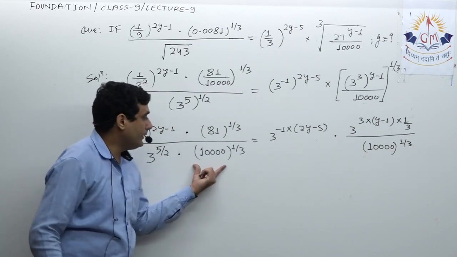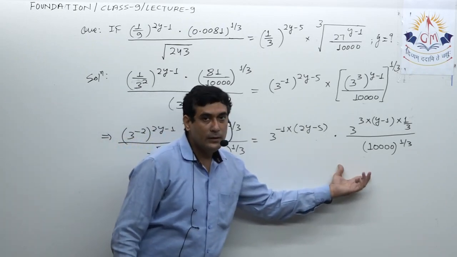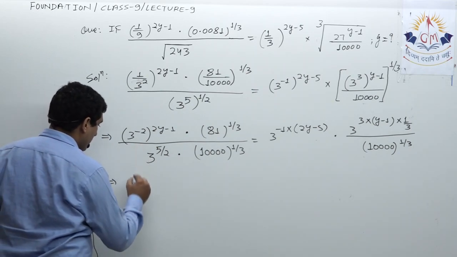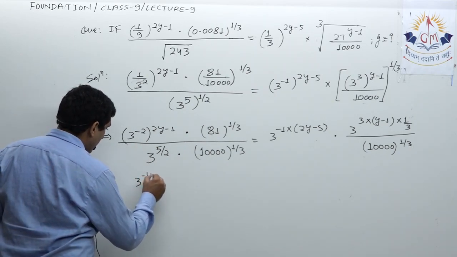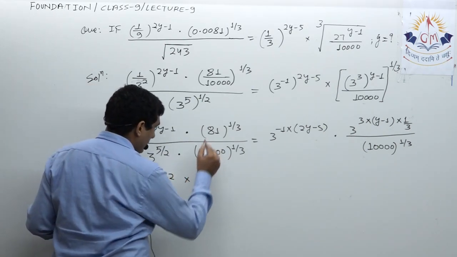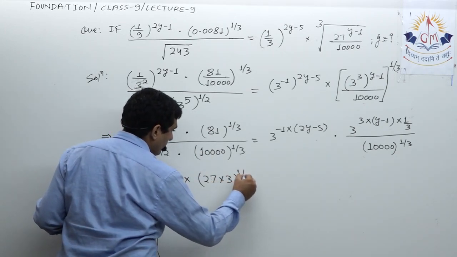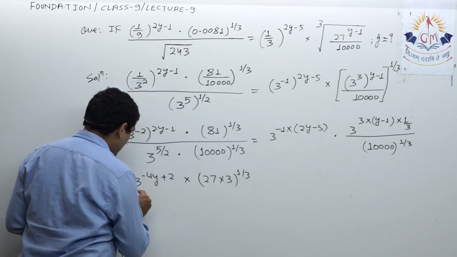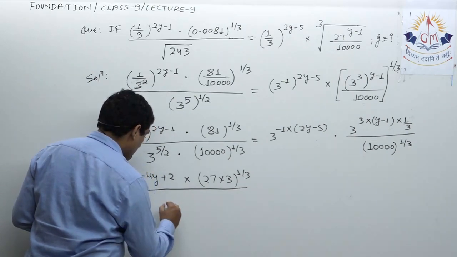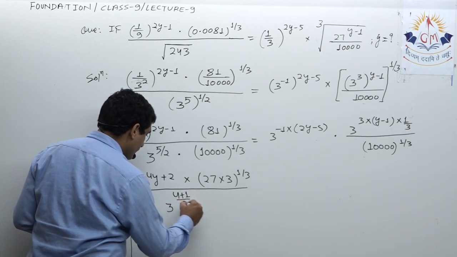Okay, now here you can see in the denominator we have 10,000 raised to 1 by 3 on the left hand side as well as on the right hand side. So we can cancel these two directly. So here further solving, this will become 3 raised to minus 4y plus 2 multiplied by this 81, which is actually 27 into 3, raised to 1 by 3 now. And in the denominator we have 3 raised to, see, 5 by 2 I can write as 4 plus 1 by 2.